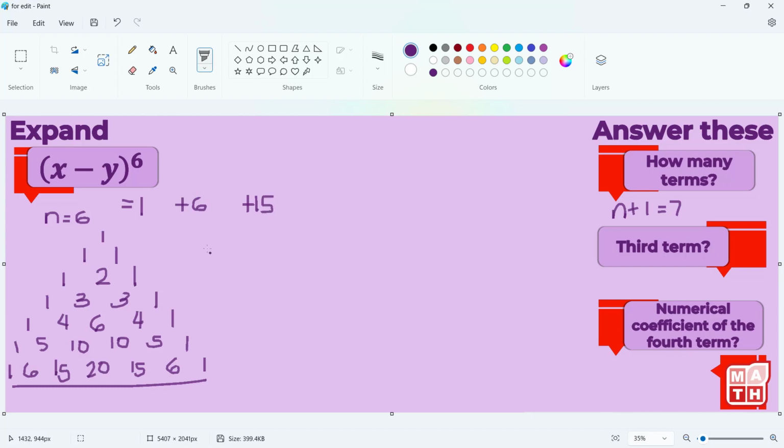Now notice that even if our operation here is subtraction, we are using here addition. Don't worry, we will also try to include later on the correct signs of the coefficients of x and y. But just for the structuring of this, let's just simply use addition.